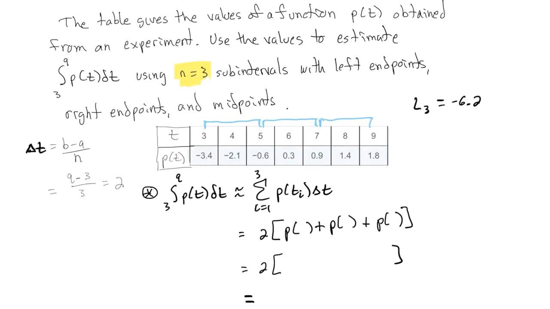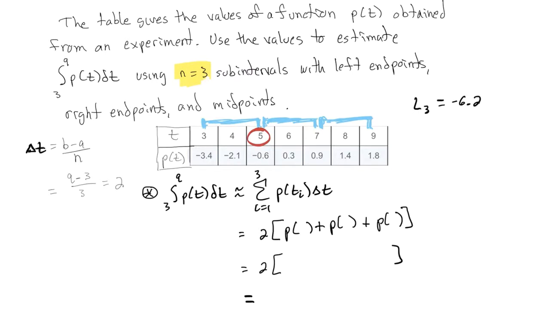So what I had here in blue, right, I'm starting at 3, going to 5 because my delta t is 2, starting at 5 and then going to 7, and then starting at 7 and going to 9. So those are my 3 subintervals. So if I'm doing right endpoints, I'm going to use the right value of each of those endpoints. So for that first rectangle, t equals 5 is my right endpoint.